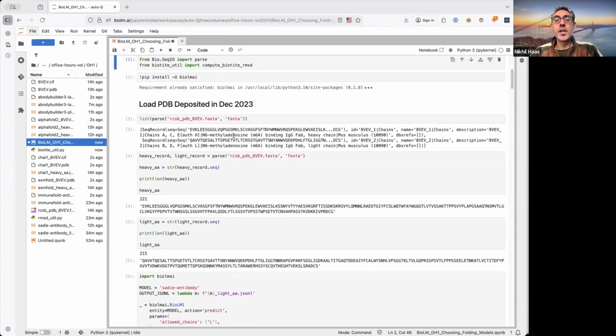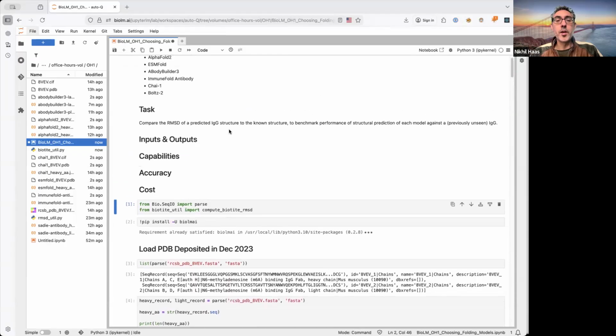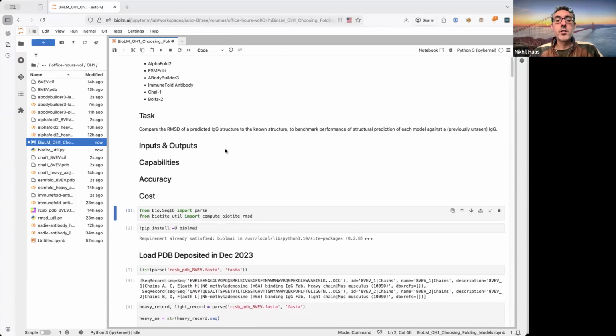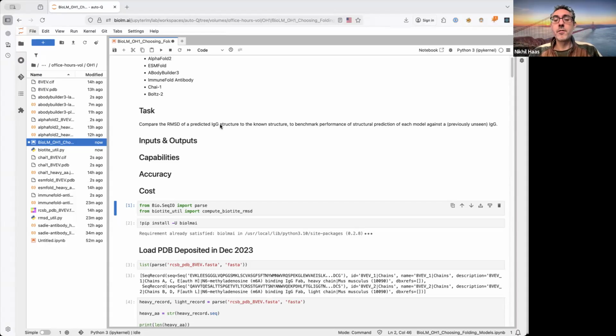So this is one big consideration already when we're thinking about which model to use: was the molecule that you're predicting the structure of in the training data set for the model, or was it not? And if you've got a sequence that's very close to something in the training data set, or equal to it, that's kind of nice.